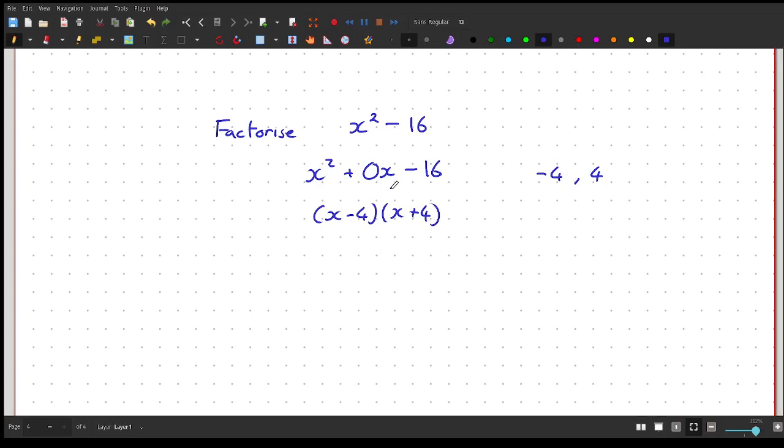But there's a quicker way. The quicker way is just notice that these are each something squared. If you've got something squared minus something else squared, we call that a difference of two squares.